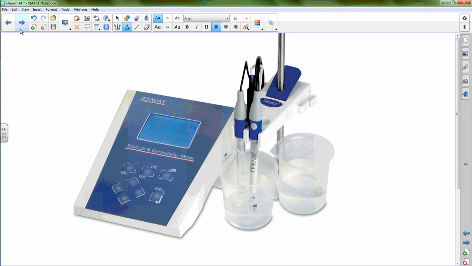I dug it out of a drawer last year. Don't know how well it works. There are solutions that keep it moist, and it needs solution in the probes for the conductivity to work. I haven't had time to play with it. That is another way. And of course, this is nice because it gives you a much more accurate reading, instead of going, oh, that's about 11 or about 6. It will actually give you a measured pH. So these are more accurate. Of course, the problem is they're expensive. And those are the three main ways of measuring pH.